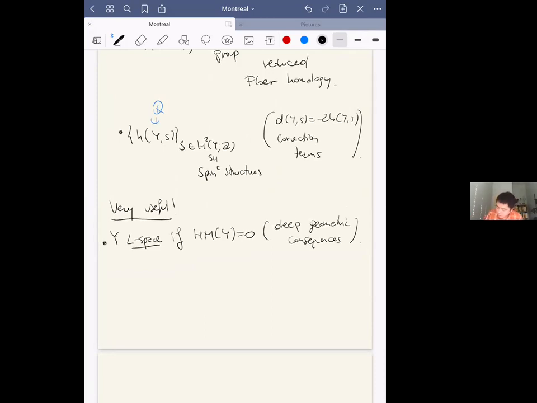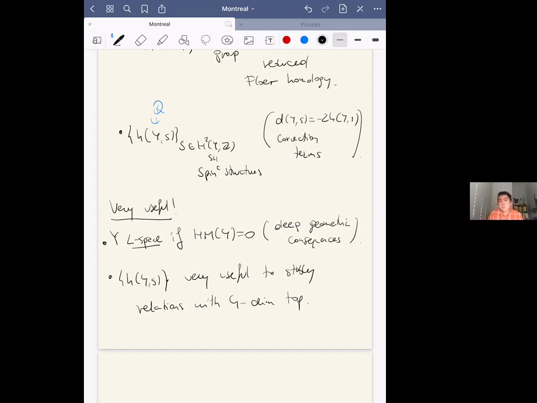On the other hand, this collection of numerical invariants is very useful to study relations with four-dimensional topology.